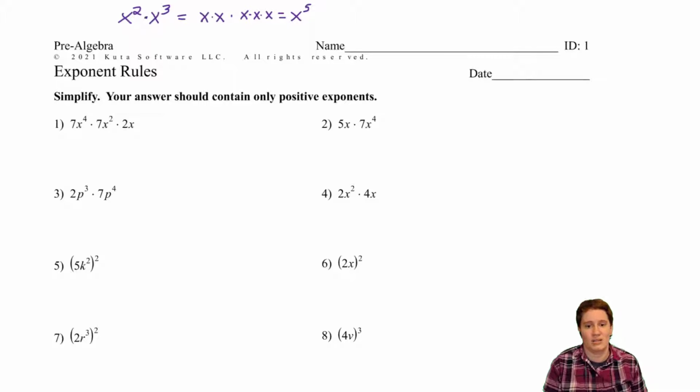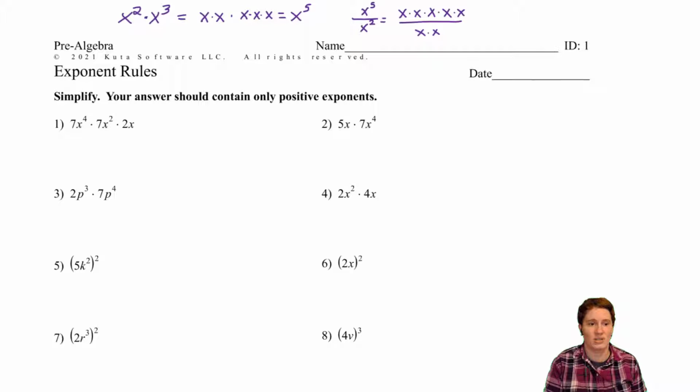Another big concept then is how this works whenever we have fractions. If I have x to the 5th over x squared, that would be like having x times x times x times x times x over x times x.